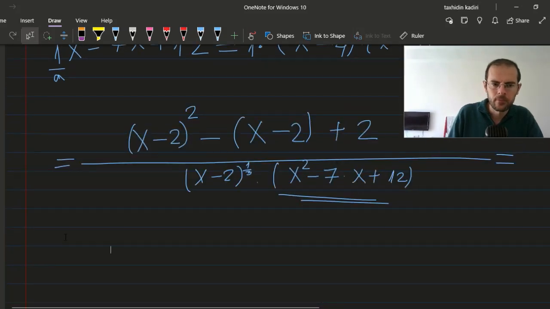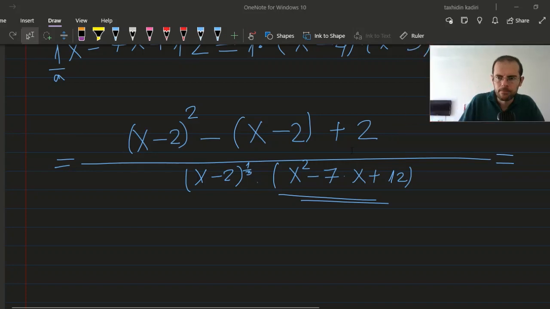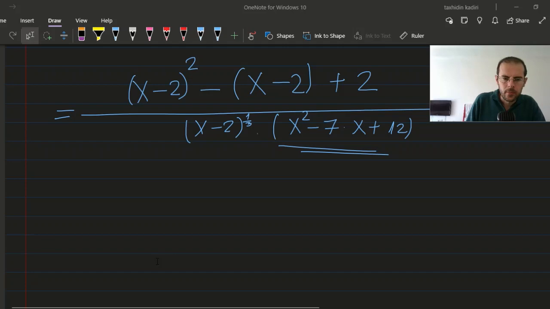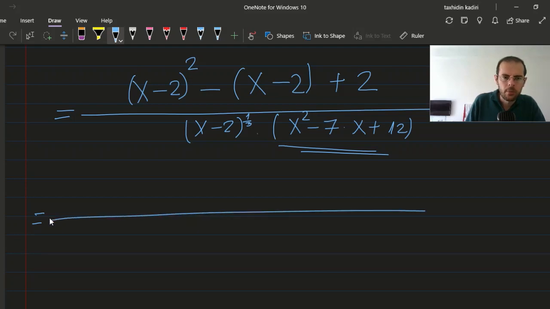Now here we must use the formula (a minus b) squared is a squared minus 2 multiplied by a multiplied by b plus b squared.